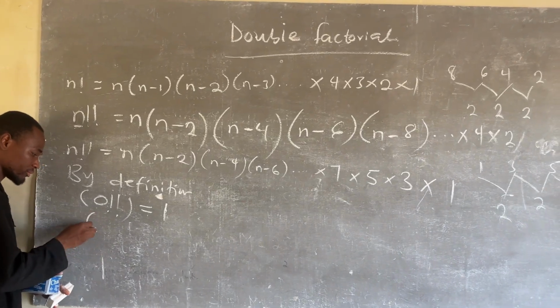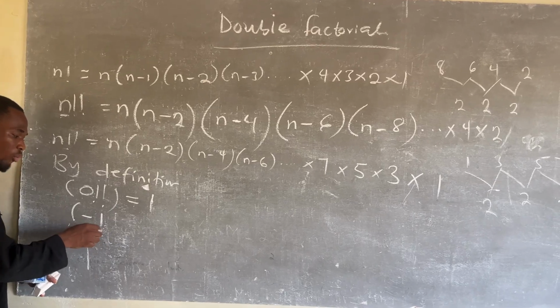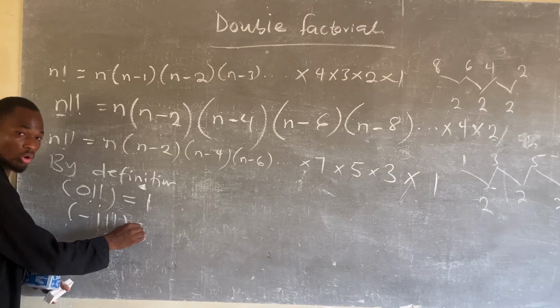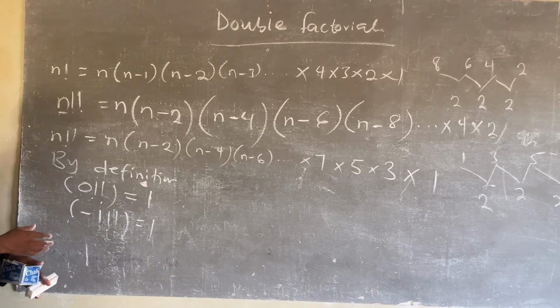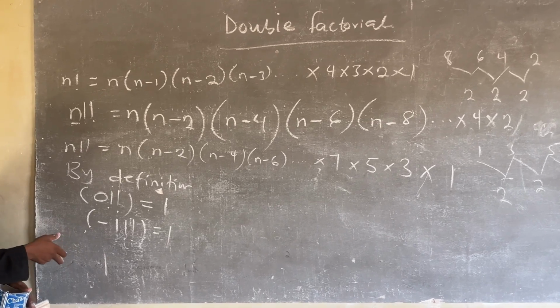And also negative 1 double factorial is also equal to 1 by definition. Kindly take note of this, alright?